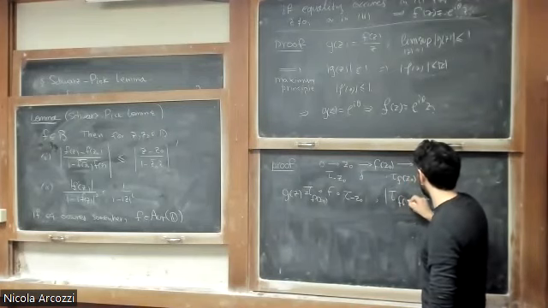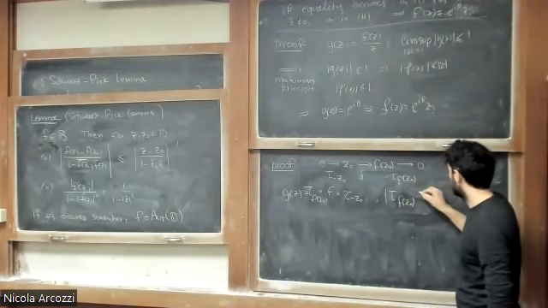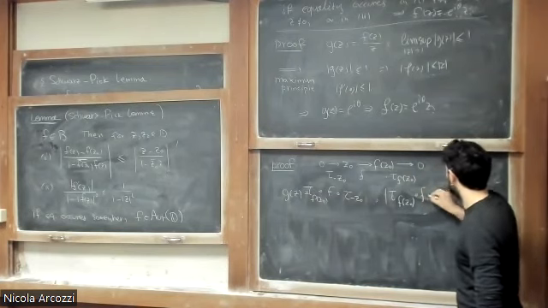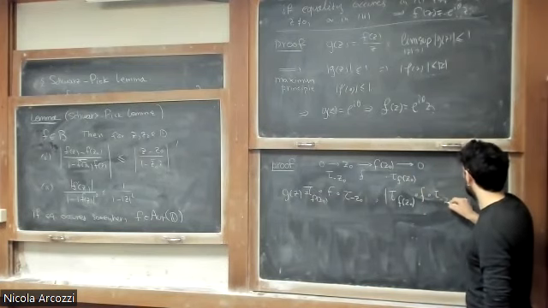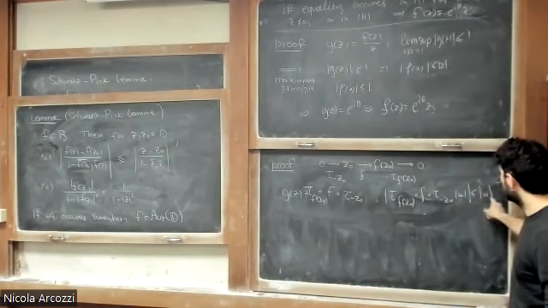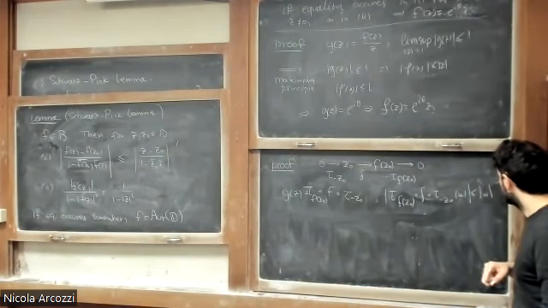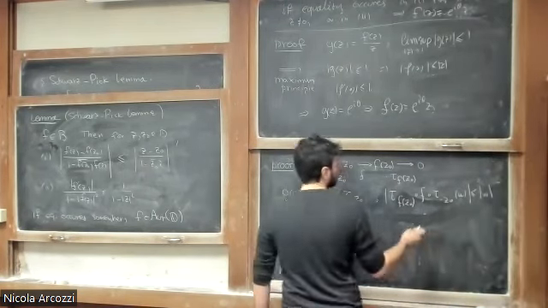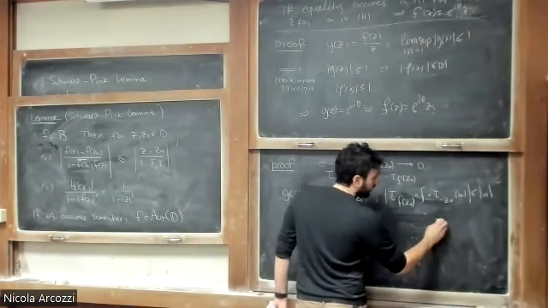From this diagram, we get that the modulus of g(w) is smaller than the modulus of w, and this is invertible, so I can change variables again.